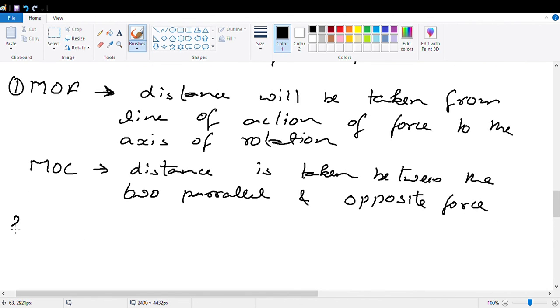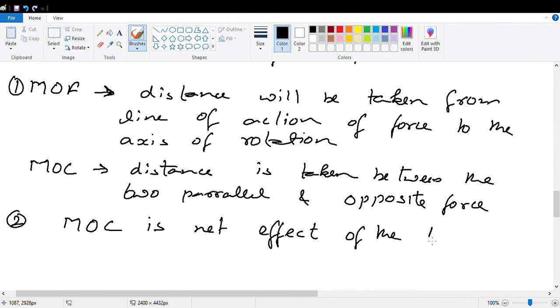The second difference: the moment of couple is the net effect of the two moments of forces. Again, come to our derivation.